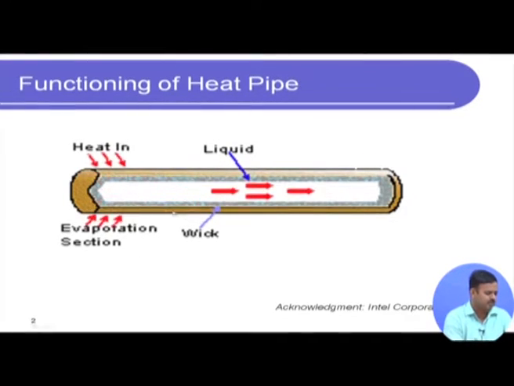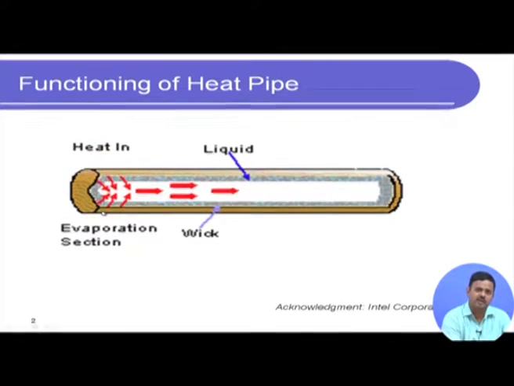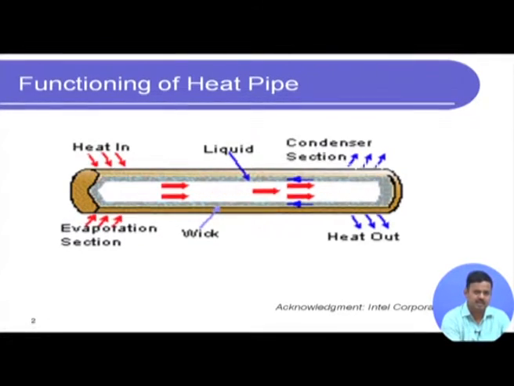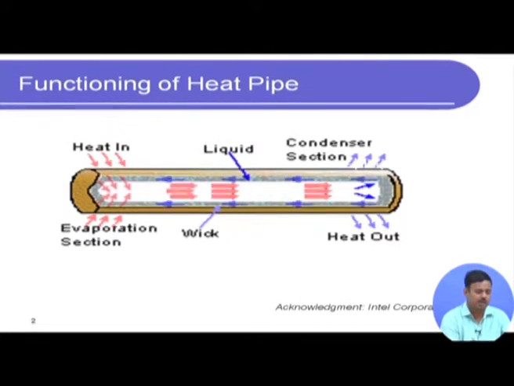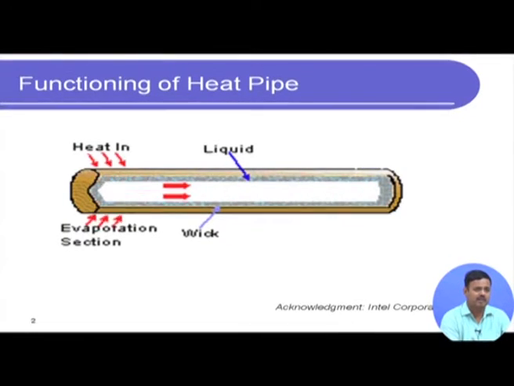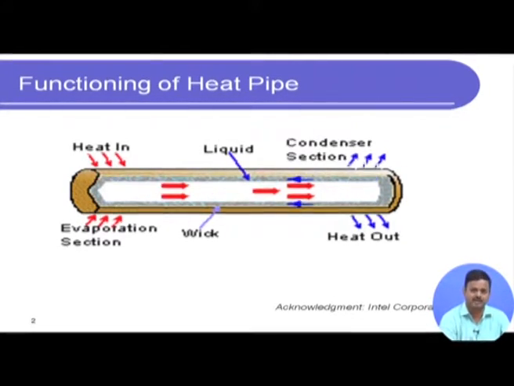Now, what happens when we heat one end? The few drops of liquid that is present vaporizes. Remember, we have evacuated it, so its boiling point goes down if we reduce the pressure. For example, if we evacuate water to, let us say, 0.3 atmospheres, the boiling point will be around 70 degrees centigrade.